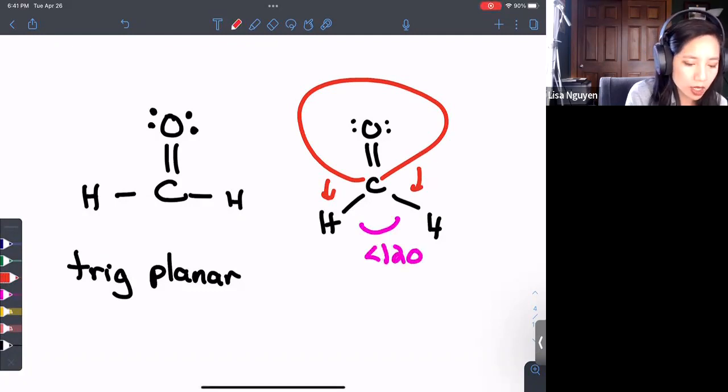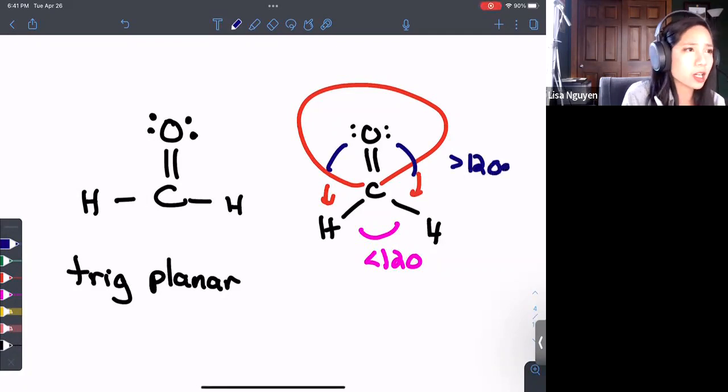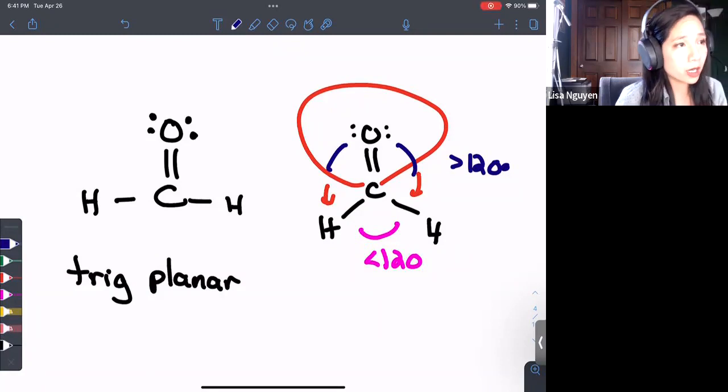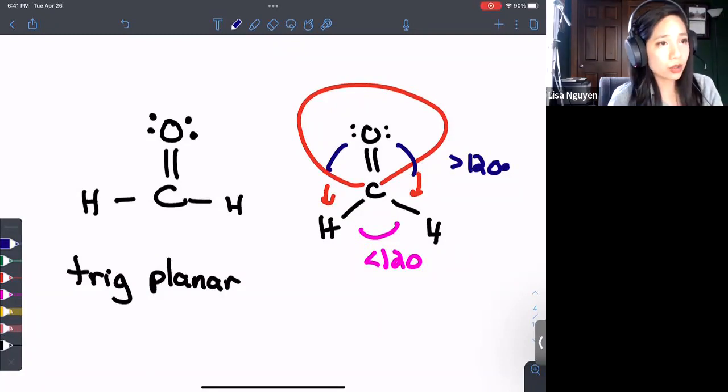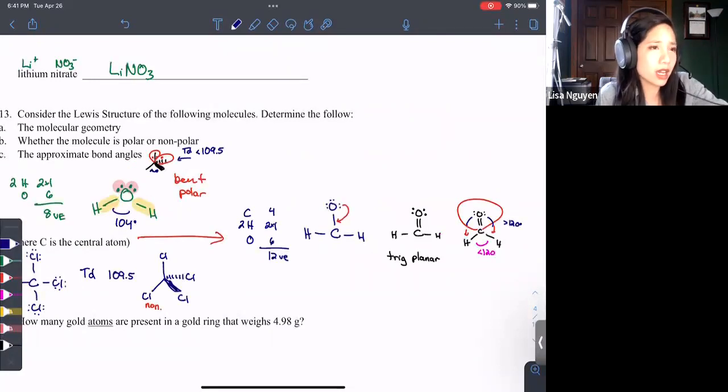And these 2 bonds up here that are adjacent to the carbonyl will be slightly more than 120 degrees, just because that double bond deviates the perfect trigonal planar 120 degree geometry. All right, so that's how you do Lewis structures. And we'll see these shapes make their way through when we get to organic chemistry.